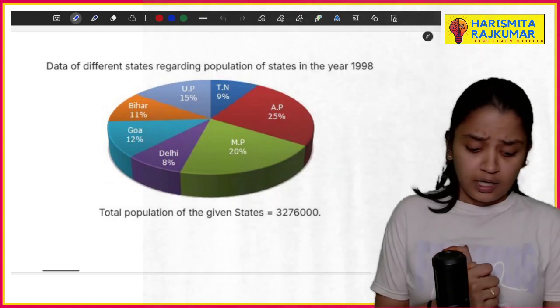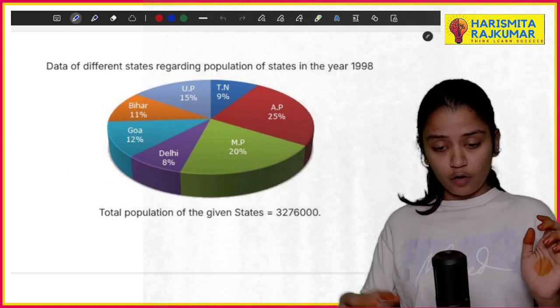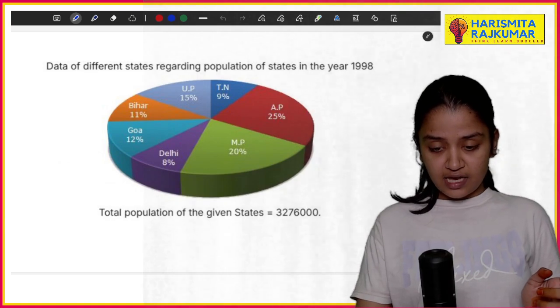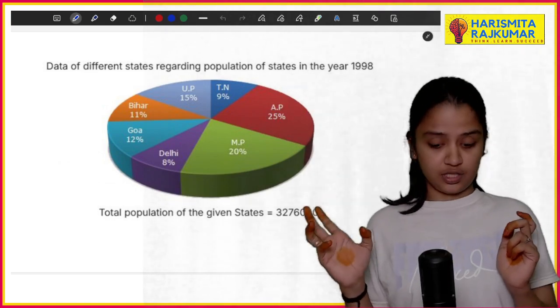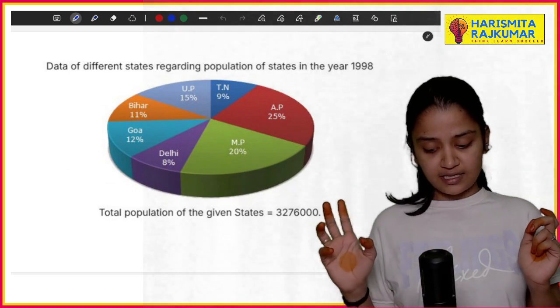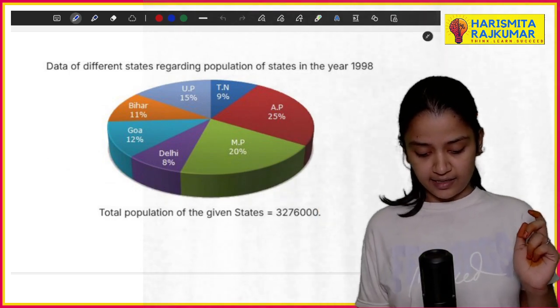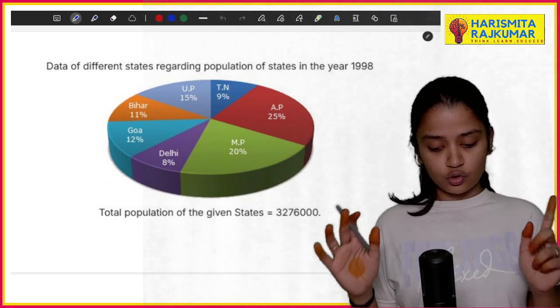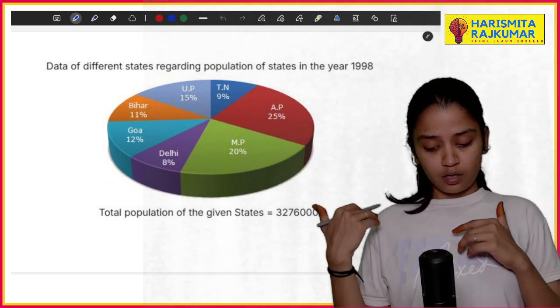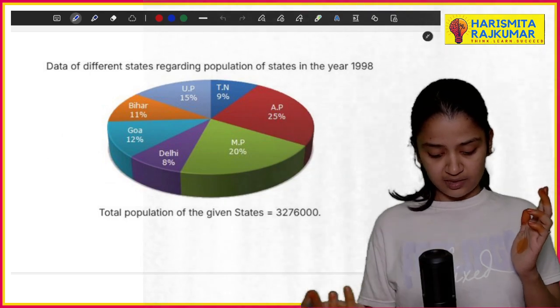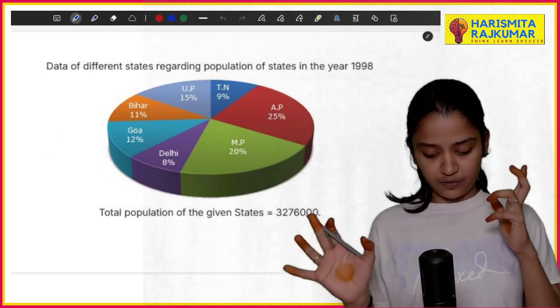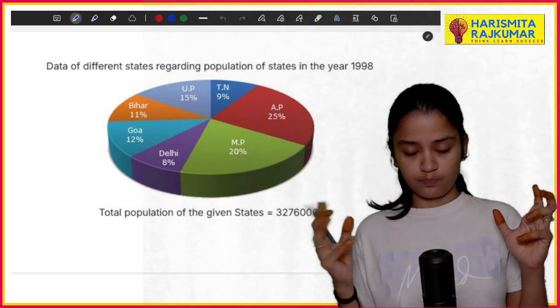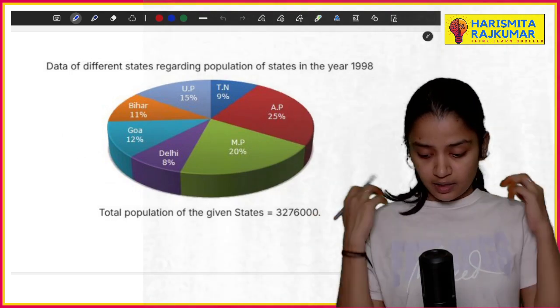So, data of different states regarding the population of states in the year 1998. Bihar, UP, Tamil Nadu, Andhra Pradesh, Madhya Pradesh, Delhi and Goa. The population is the number of people.